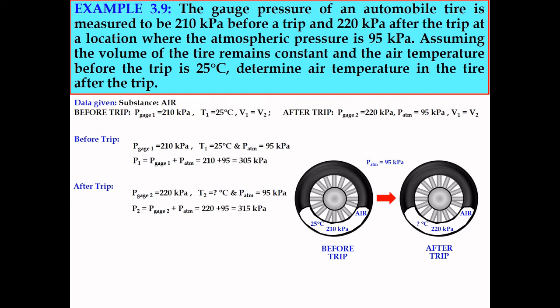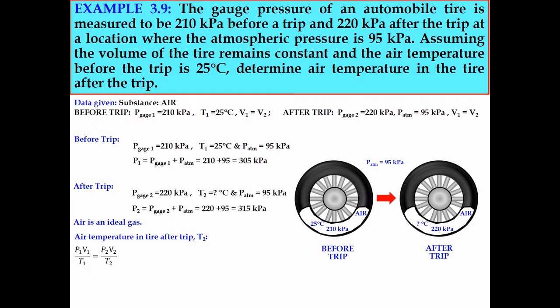So absolute pressure after the trip, P2 equal to P gauge 2 plus P ATM, which is equal to 315 kPa. Air is an ideal gas. Air temperature in the tire after trip T2 we can determine by implementing the ideal gas relationship for two different states or two different conditions.